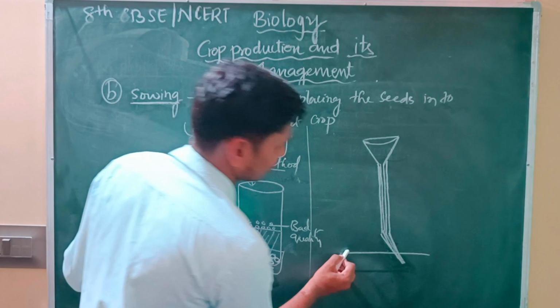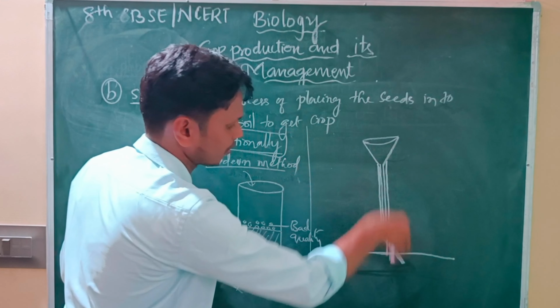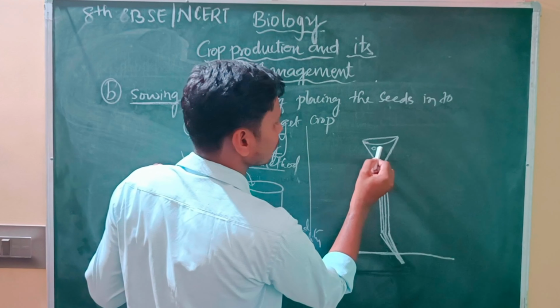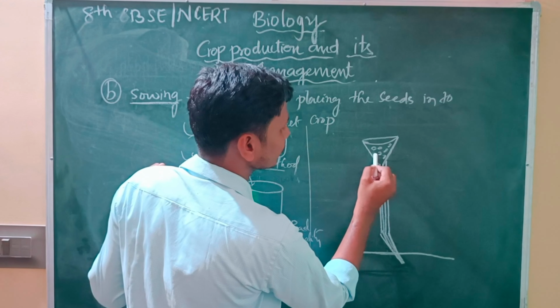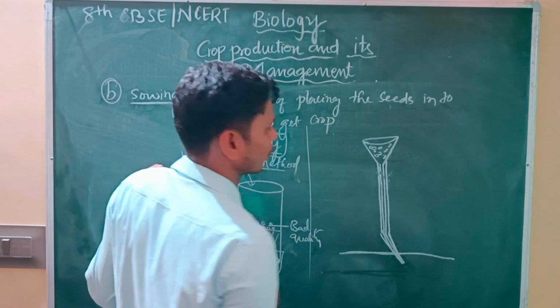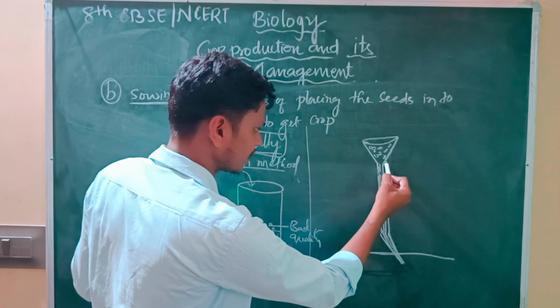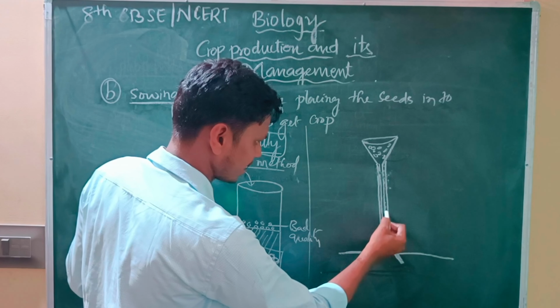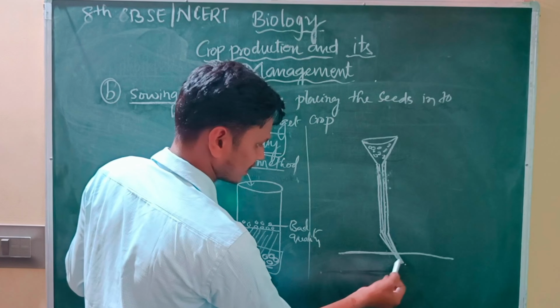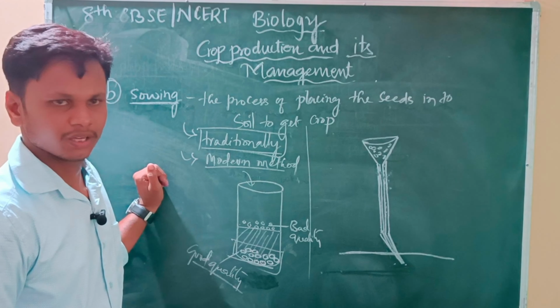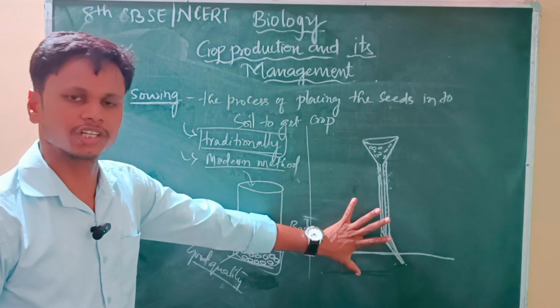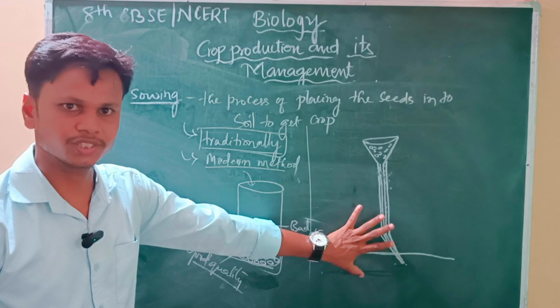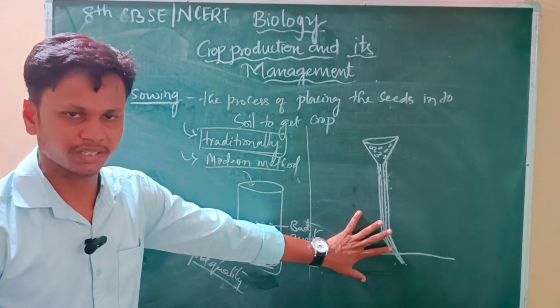Think of this as the surface area. They used to pour the seeds into the funnel, and all the seeds run down the pipe and are placed in the soil. This is the traditional method.